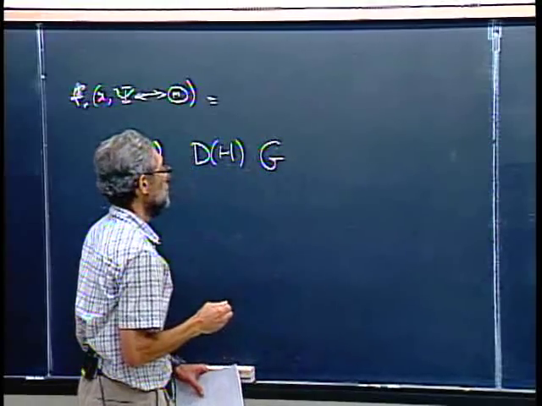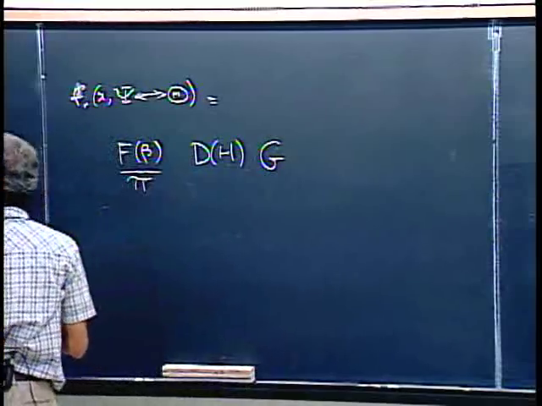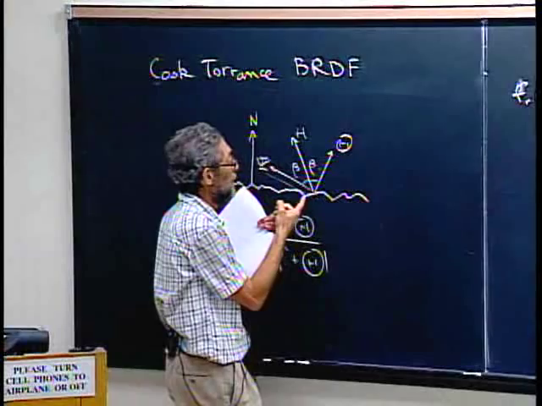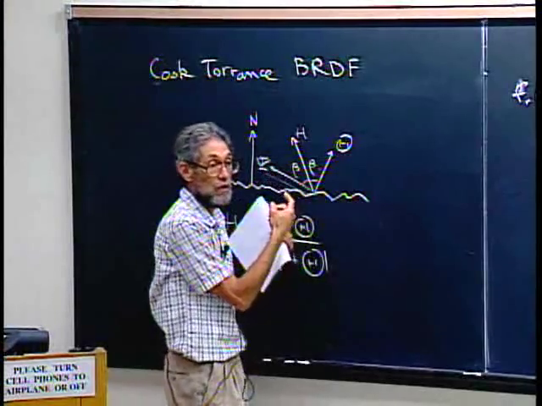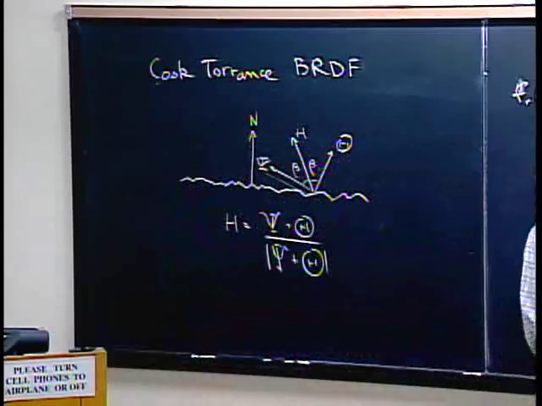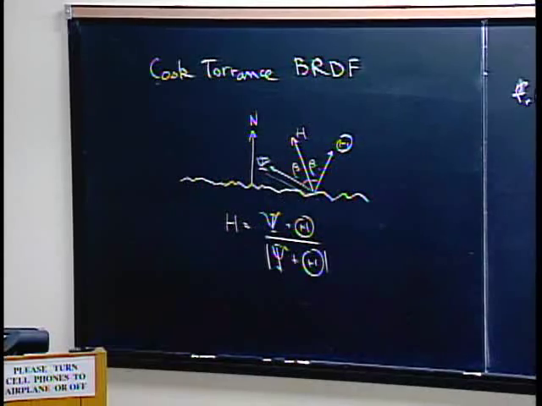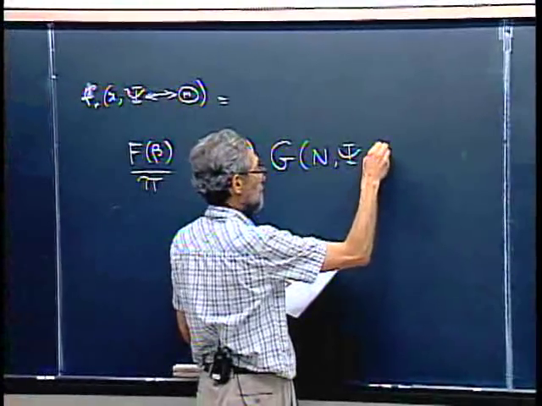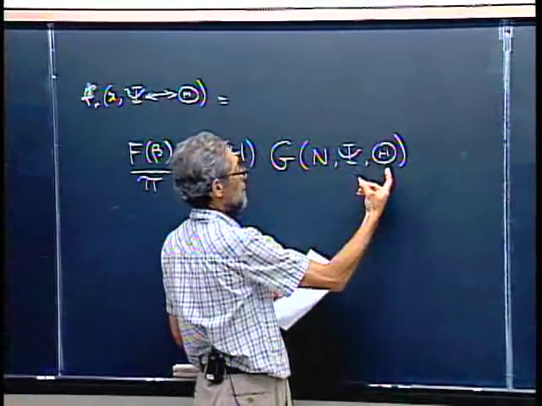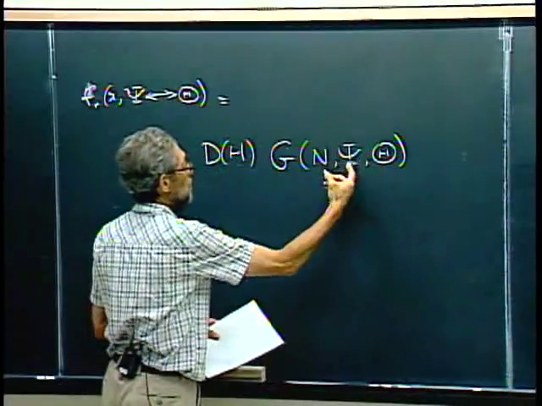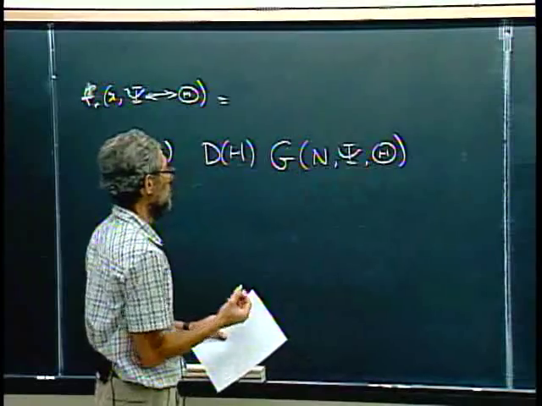That geometric factor has to do with the fact that some of the light that could have hit this facet is shadowed, or light that could have reflected from this facet toward the viewer is occluded by this corner. And it turns out that number depends on the surface normal and the directions psi and theta. And of course, h is a function of these two, so h could be in the formula too, but these are the three variables that it depends on.